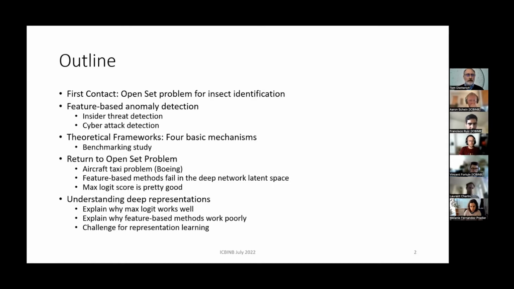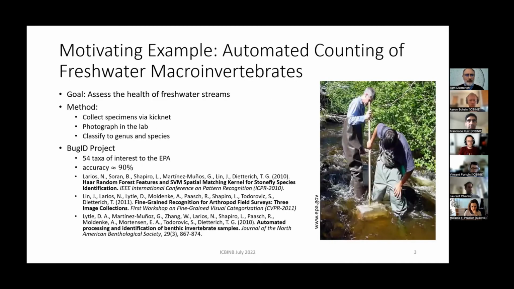So the final third of the talk will be trying to understand why, by looking at the representations, what's happening when we're learning the representations in deep learning, and getting some insights into maybe why the max logit is working. That's the plan, and I'll try to stop a couple of times to entertain questions. So let's get started.